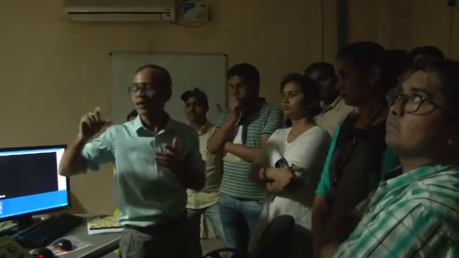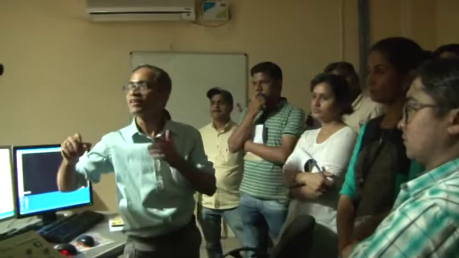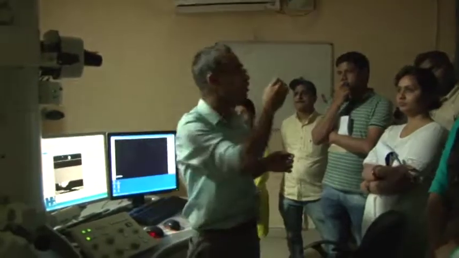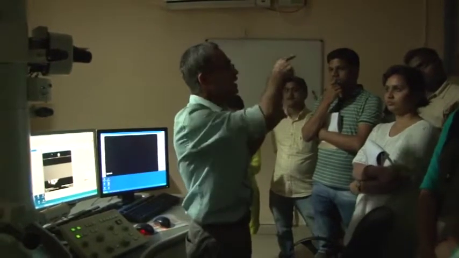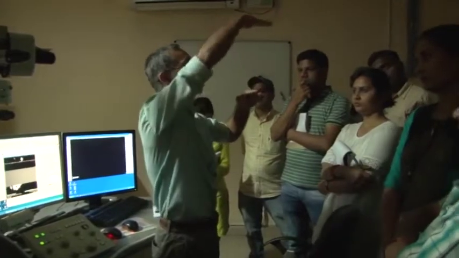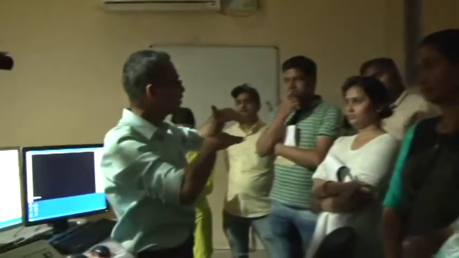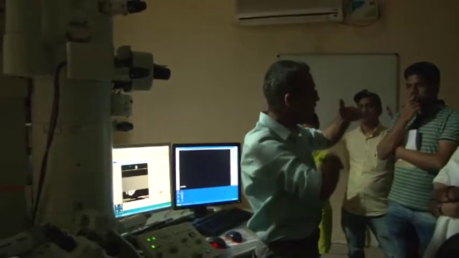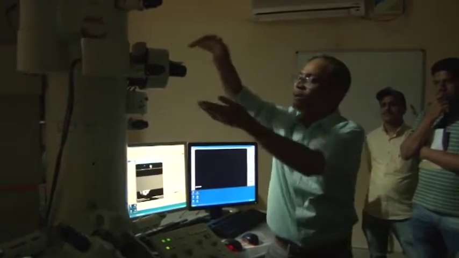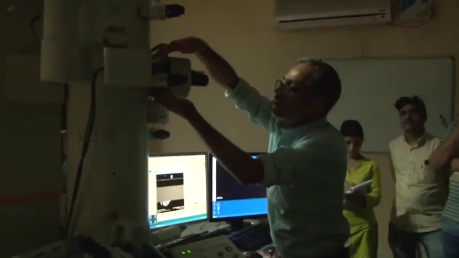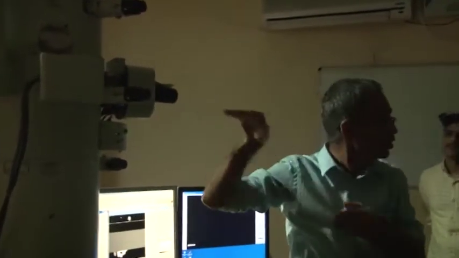Now we said, and the objective lens is here. Whenever we draw the diagram, we draw the objective lens, and on the top is the specimen, and on the other side is the back focal plane where the diffraction pattern forms, and then the image. First the back focal plane and then the image. And here I am saying this is my objective lens and my sample is actually inside.